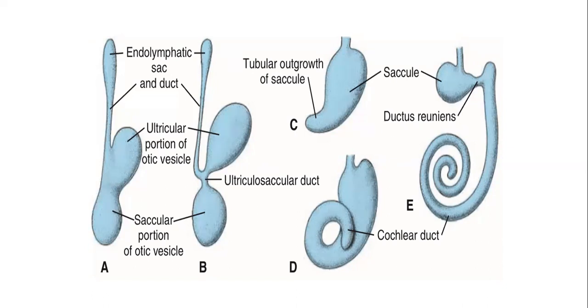First we'll talk about the saccule, the cochlea, and the organ of Corti. In the 6th week of development, the saccule forms a tubular outpocketing at the lower pole.